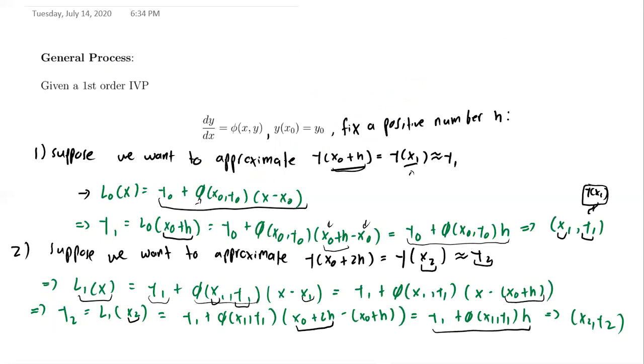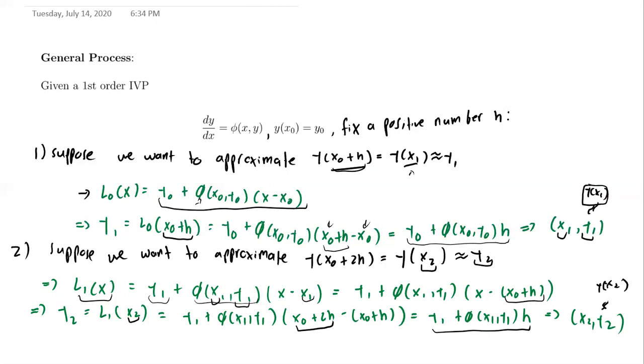So y2 is equal to y1 plus phi of x1, y1 times h. Right, so we get this new point x2, y2, where again, y2 is an approximation for the actual value y of x2. And we keep doing this process again and again and again to approximate each new y value.